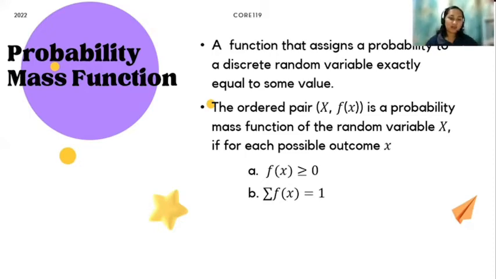So if we add all the probabilities of each value of the random variable, that is equal to 1 or 100%. For letter C, the probability of x is equal to f of x. This only means that the probability of the value x is equal to f of x.